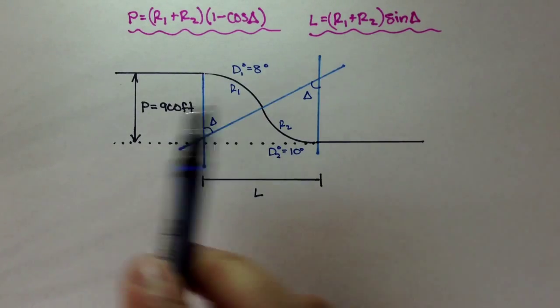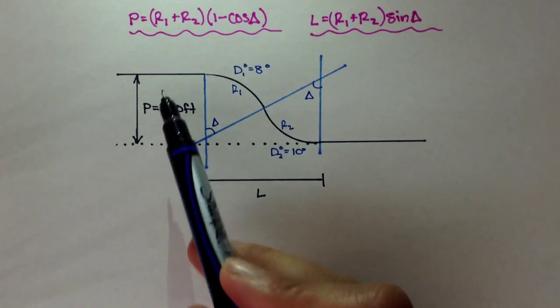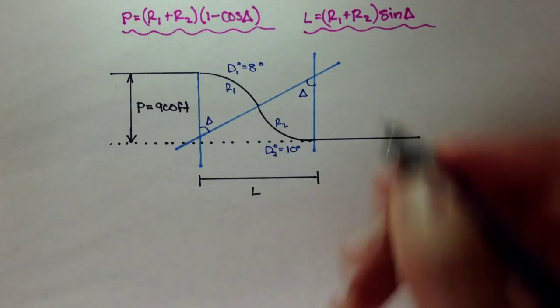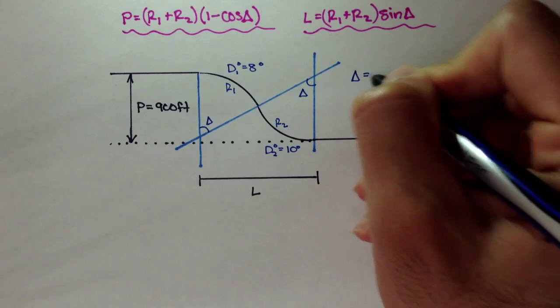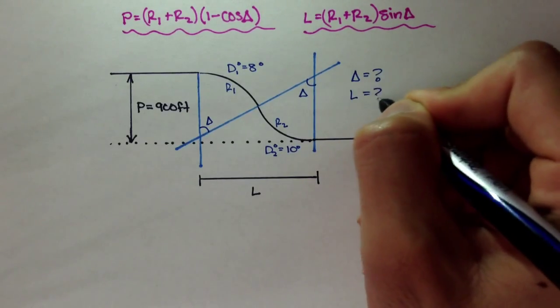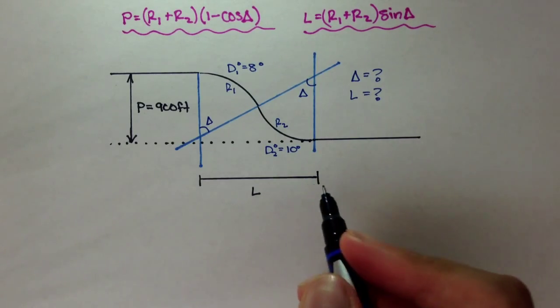And this curve is used to transition between this road and this road down here. The roads are 900 feet apart, and the question wants us to figure out what the central angle delta is and what the transition length is, this distance right here.